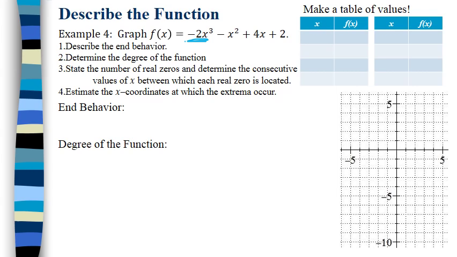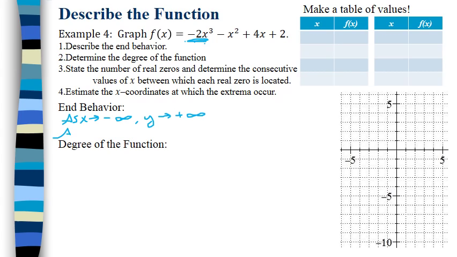If x is negative, so as x approaches negative infinity, this x cubed is going to stay negative, and then we're going to multiply it by a negative, so that's going to make it positive. So y is going to approach positive infinity.